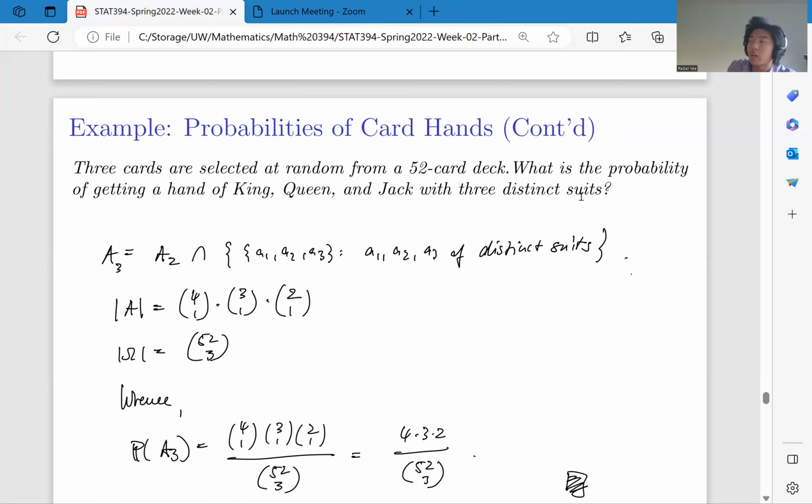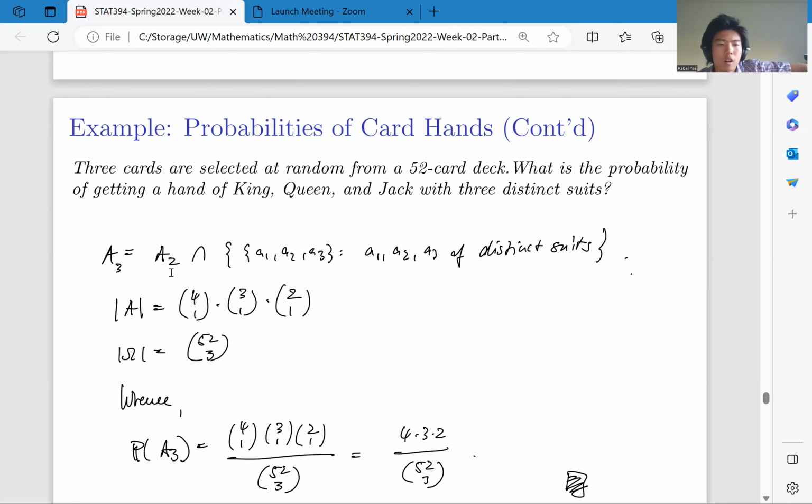It means if the jack is a spade, then the queen or the king cannot be spade. It can only be chosen from the other 3. And once we select, say, queen is a diamond, then the remaining card cannot be a diamond or a spade, which we defined before, so it can only be a club or a heart.